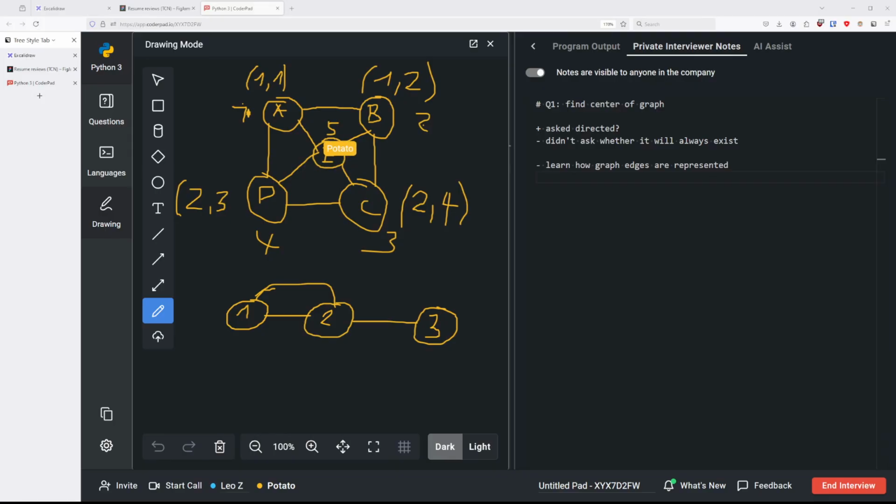Do you think I can start with the DFS traversal or BFS traversal? So maybe before we do any traversal, I want to ask, why are you traversing? What's the goal of the traversal?